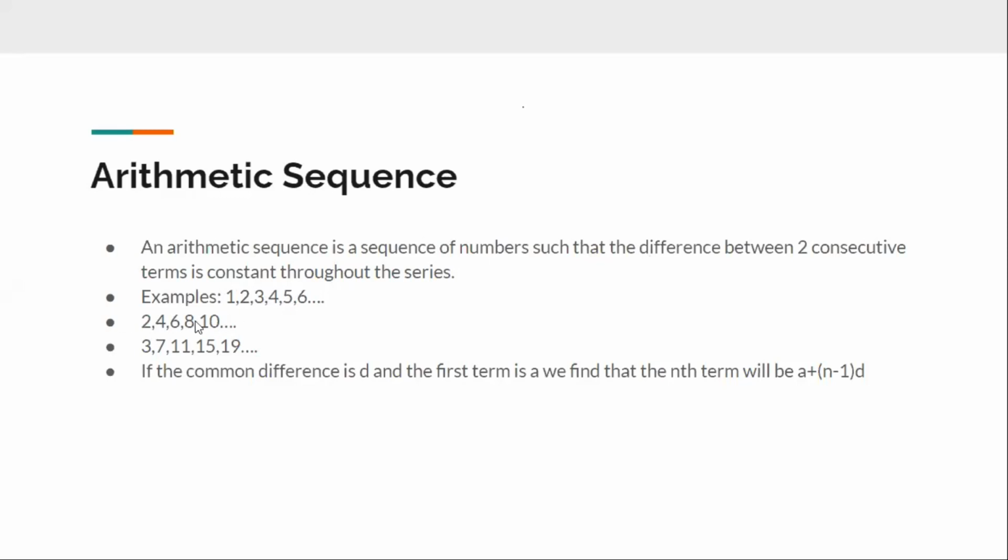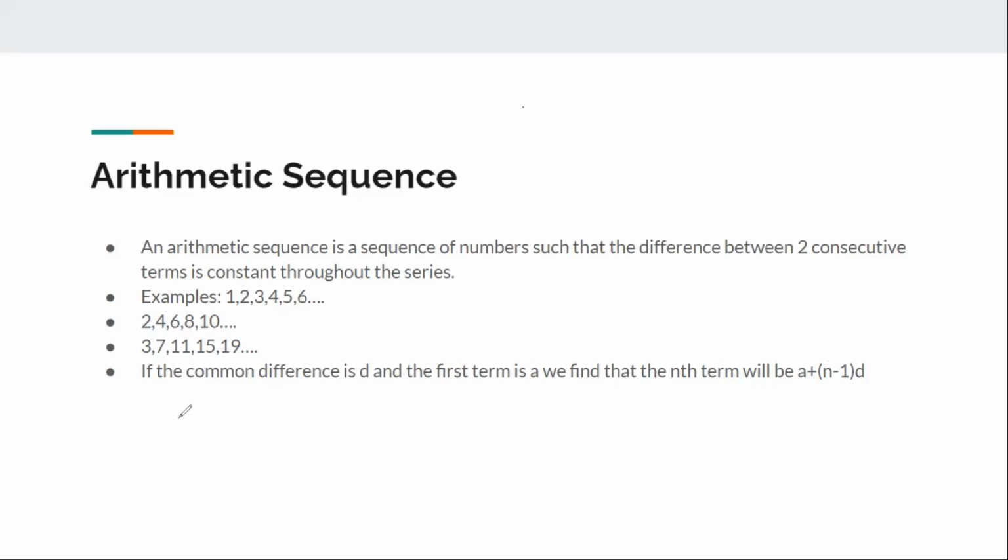And this is also another arithmetic series because 4 minus 2 is equal to 6 minus 4 is equal to 8 minus 6, which is equal to 10 minus 8. You could say the same thing about this series as well. Something to note is that if the common difference is d, meaning the difference between two consecutive terms, and the first term is a, then the nth term will be a plus n minus 1 times d.